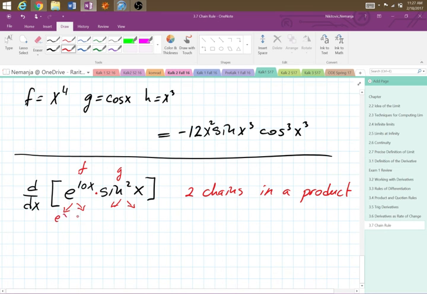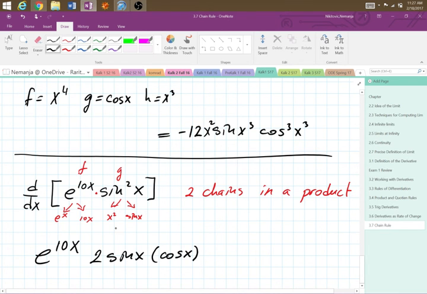e to the 10x and sine squared x. All right, so how do we do product rule? We copy the first, e to the 10x, times derivative of the second, well, that's 2 sine x times cosine x.